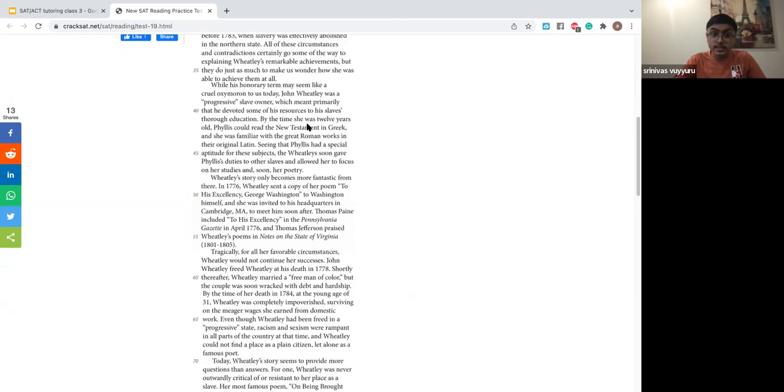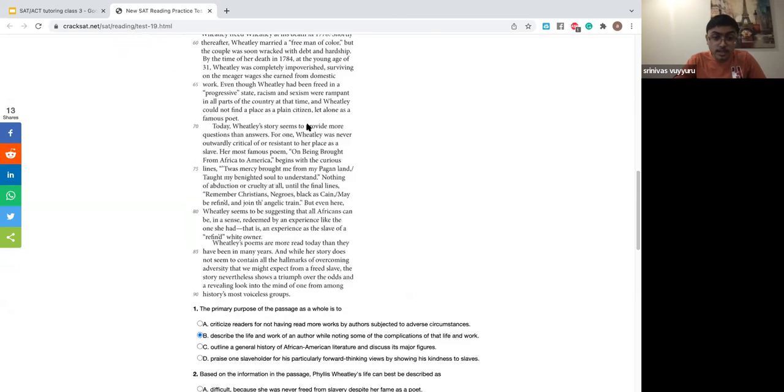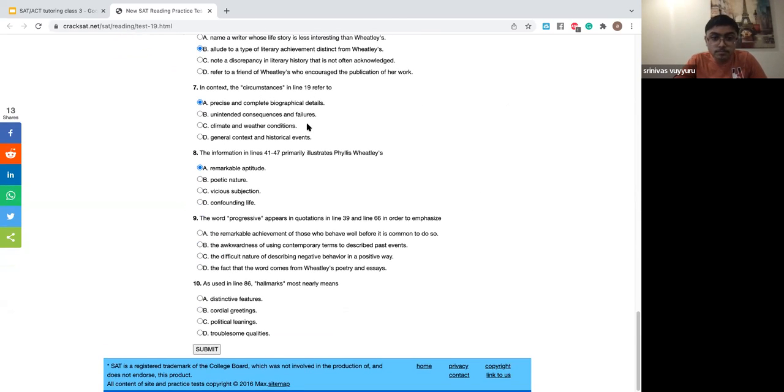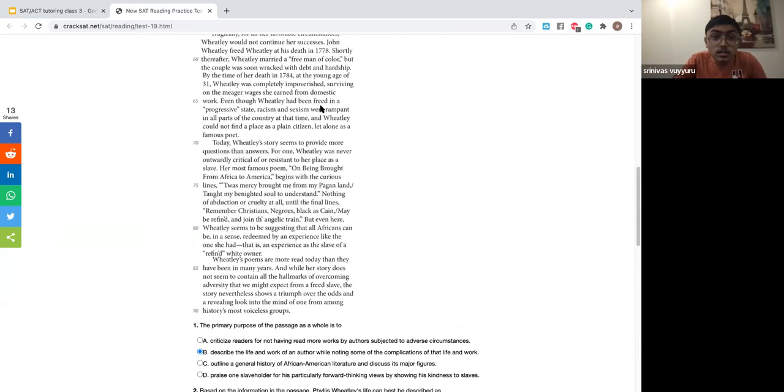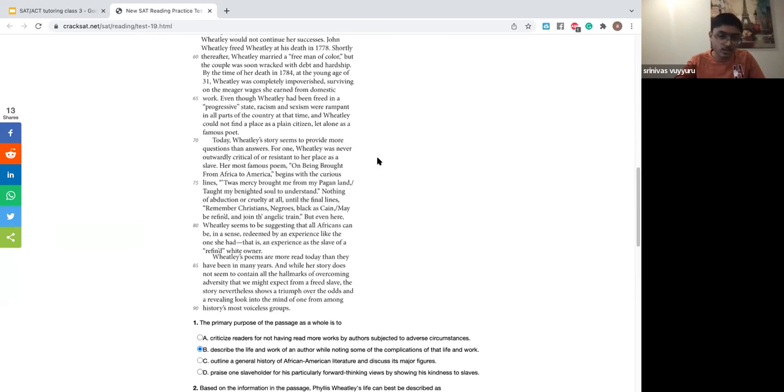So basically it's confounding for us currently. And line 66, in a progressive state. Basically back then, any state that had slavery and racism and sexism isn't really progressive in our current times, but back then it was progressive. So I guess it's just a difference of what it was back then versus what it is right now.